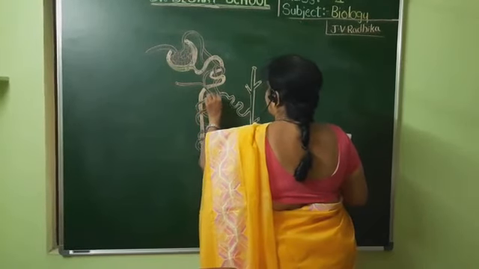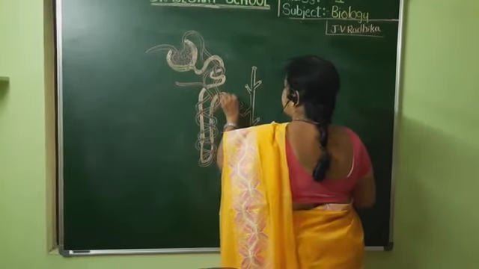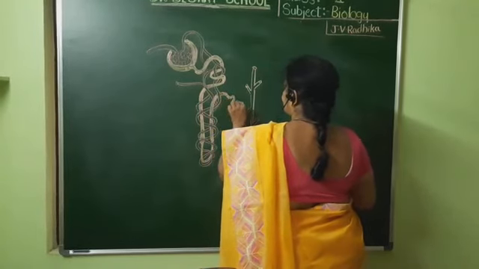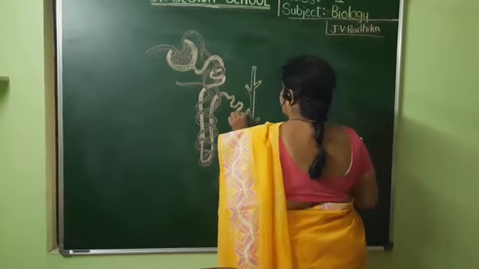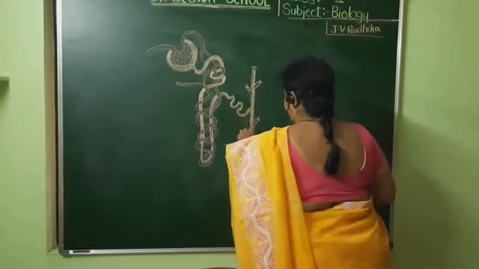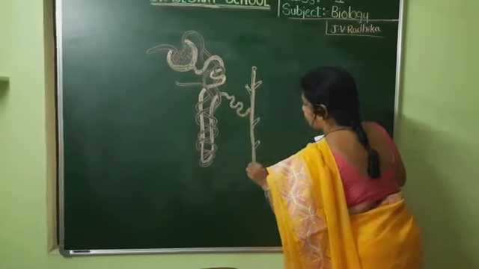So here you have completed the Henle's loop. Now I have come to the distal convoluted tubule or the DCT. Now pretty easy for us to identify and remember, isn't it?